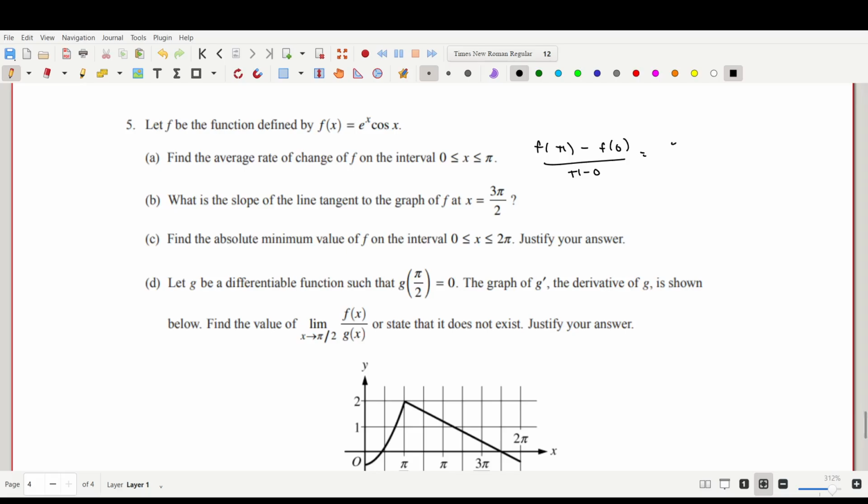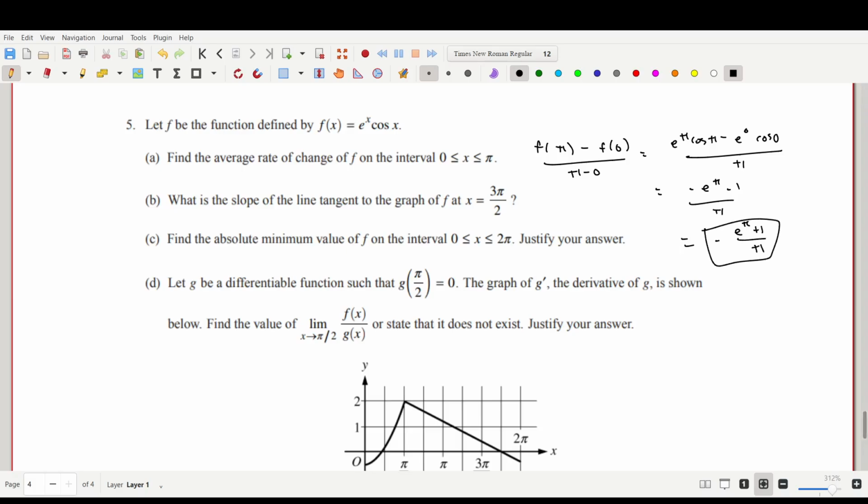And that's going to be e to the pi cosine pi minus e to the 0 cosine 0 over pi. Cosine pi is -1, so that's negative e to the pi, cosine 0 is 1, e to the 0 is 1. So negative e to the pi minus 1, over pi. You can call that negative e to the pi plus 1 over pi.